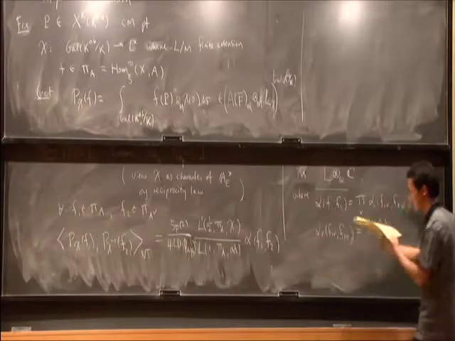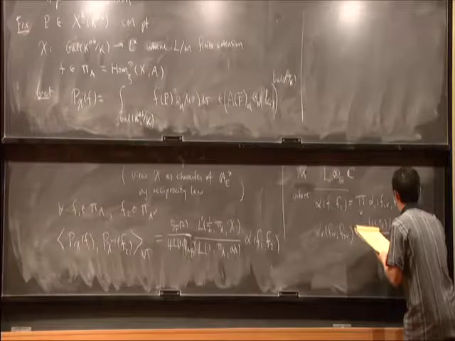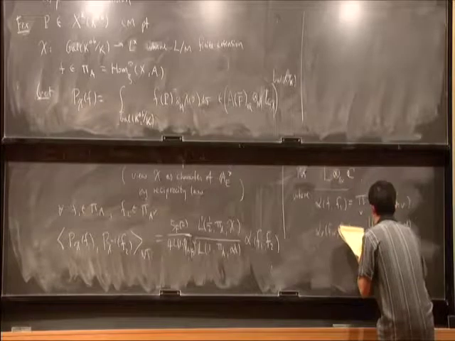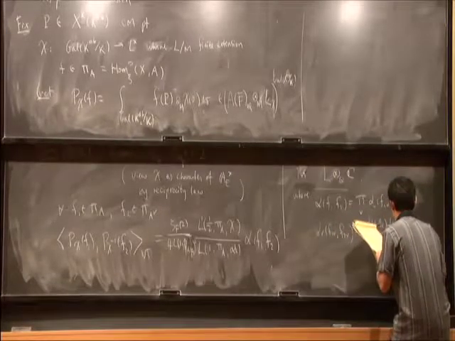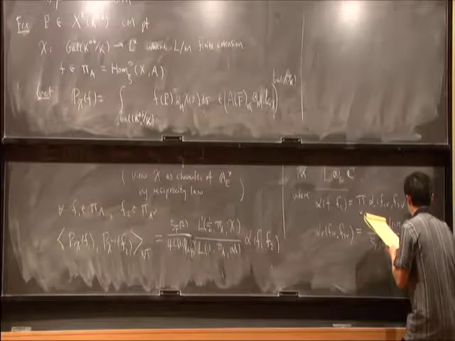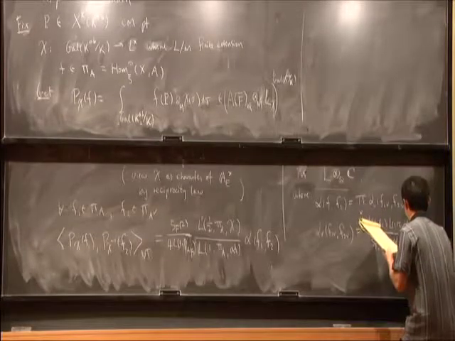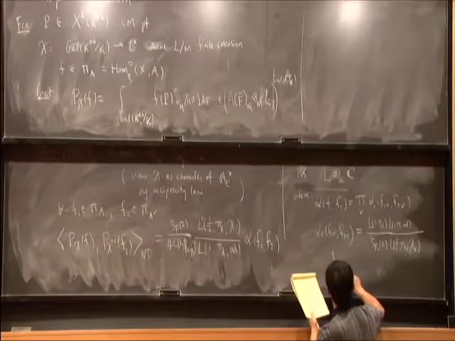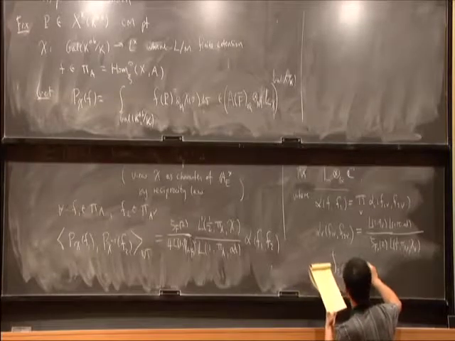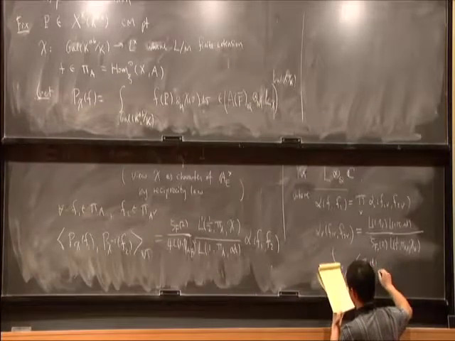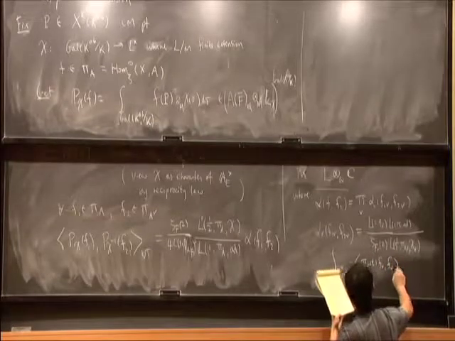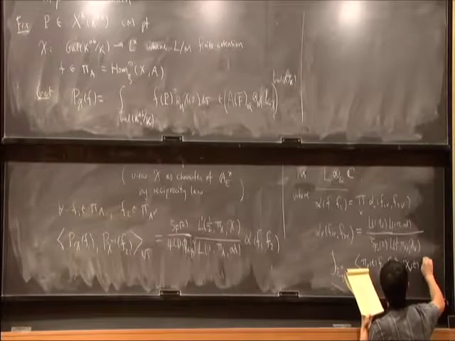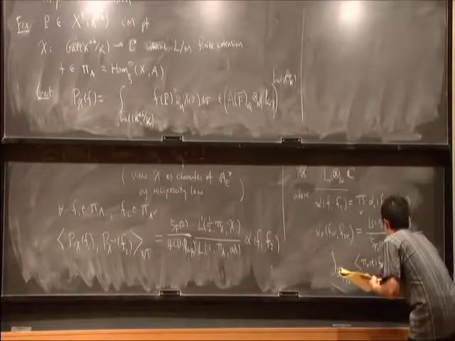Eta is still just eta. Pi A V. F1, F2, yeah.